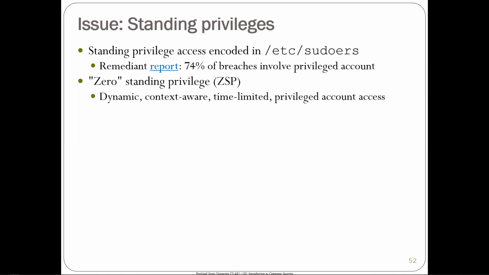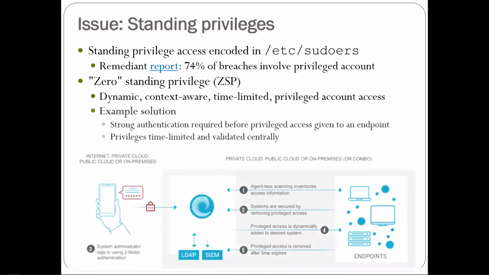And that's basically centrally managed, where in that central endpoint, you can be operationally aware and you can tune the privilege access dynamically. So that's the idea of zero standing privilege. So this is an example solution. I got this out of a data sheet from one of these vendors.